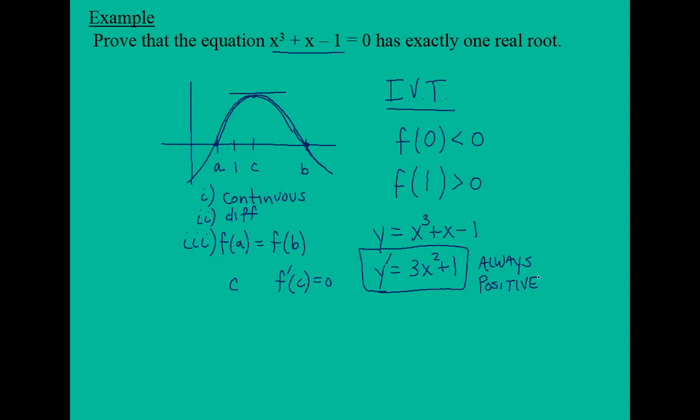That means the function is always increasing. So this cannot happen right here at c. We cannot have a slope of the tangent line that will be 0 between f of A and f of B. Therefore, this graph does not come back down and cross the x-axis again. And we showed that using Rolle's theorem.